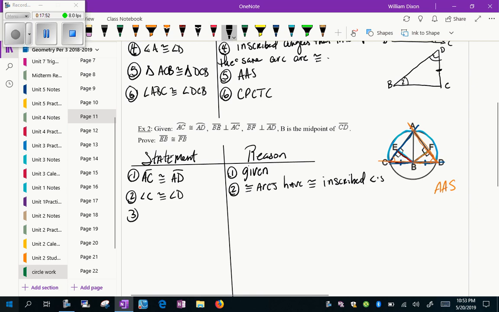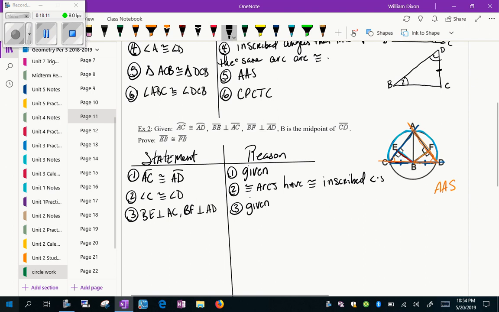Three, BE is perpendicular to AC, and BF is perpendicular to AD, and that's given.